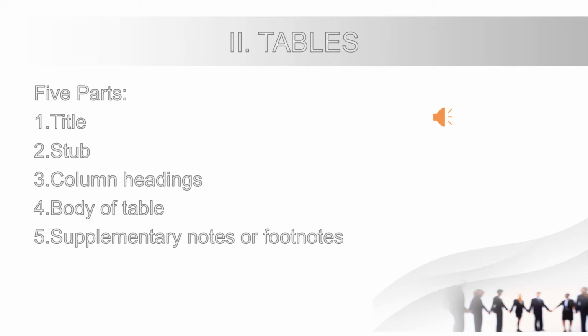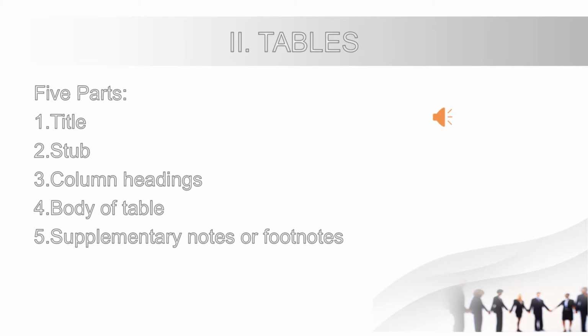As in your manuscript writing, it is also important to structure tables so that the readers can easily understand them. So, what are the five parts of tables? The parts of the tables are the following: the title, the stub, the column headings, the body of the table, and the supplementary notes or footnotes.